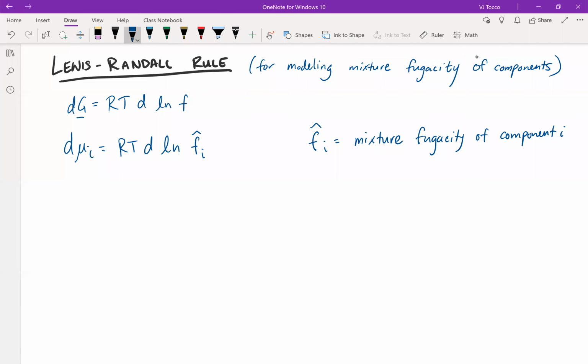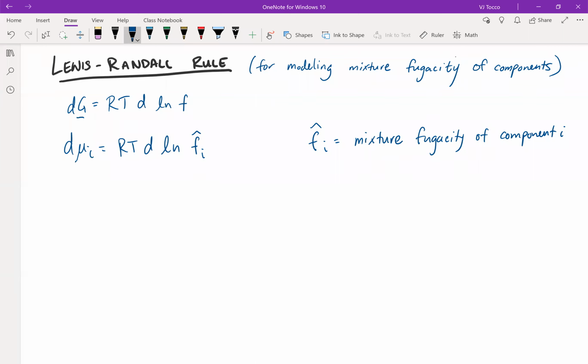This is similar to a partial molar property, where the hat symbol just differentiates the mixture fugacity from the pure component fugacity. These are in general different things, but we use a hat here and not an overbar because it is not a partial molar property. The two are a little bit different.